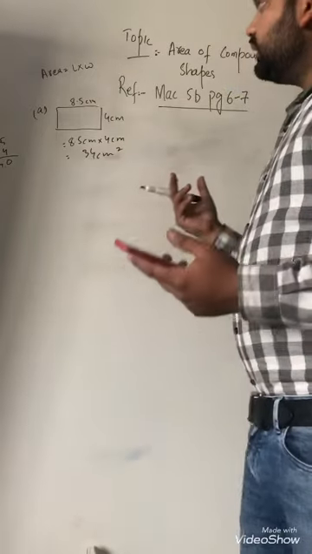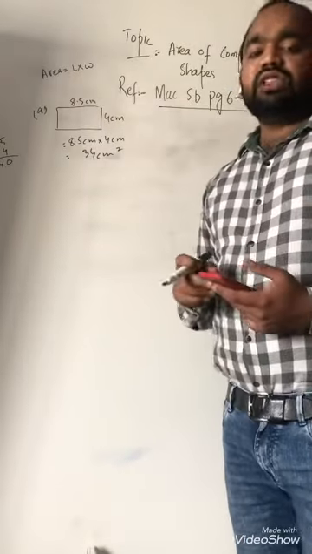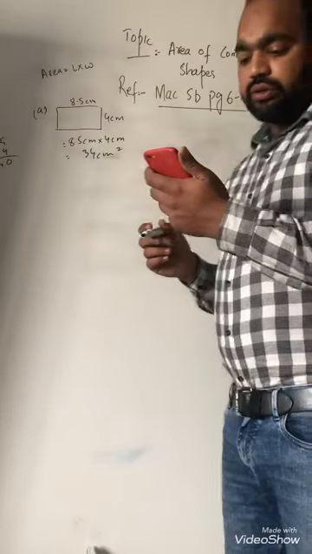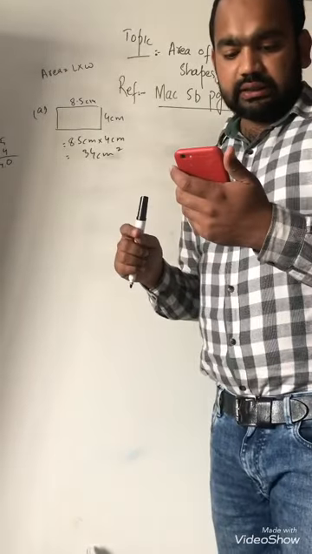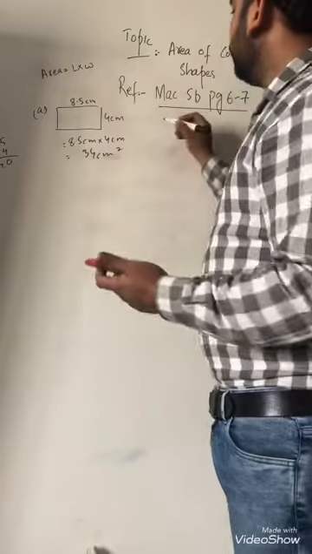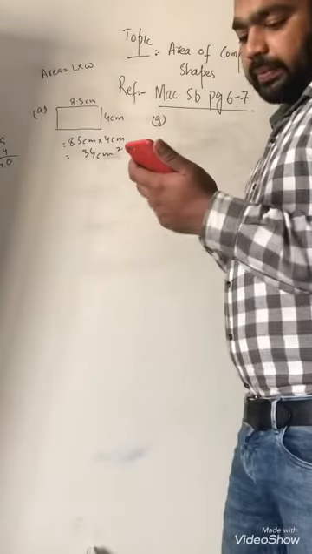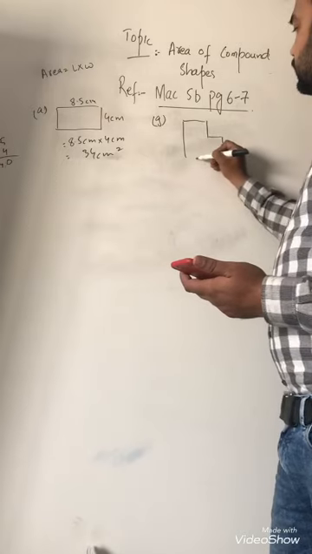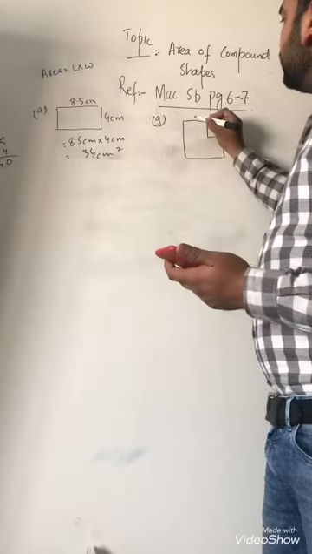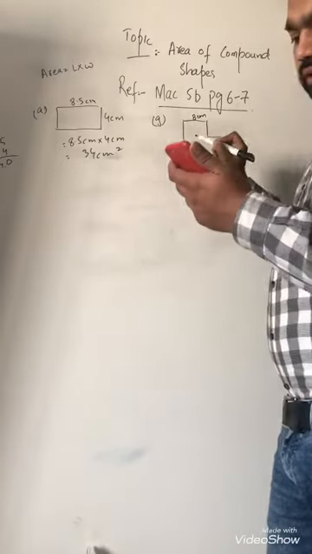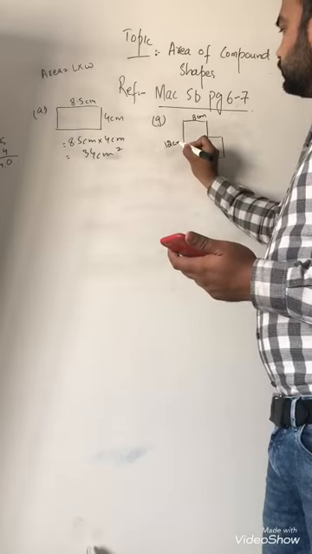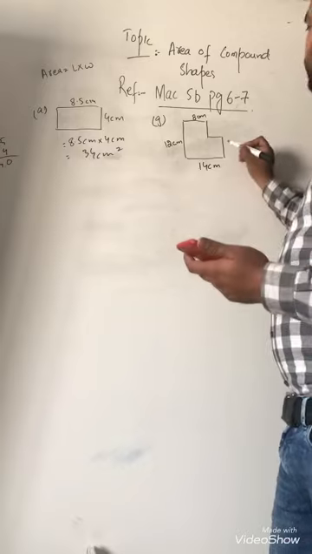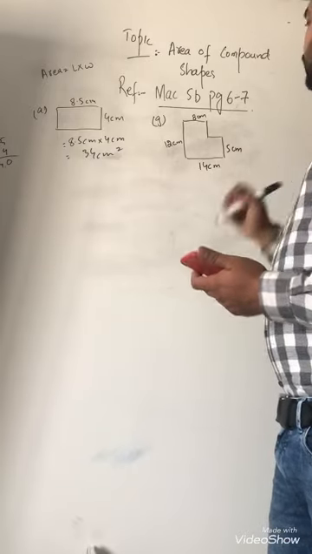But what if compound shapes are given to you, right? How can we calculate? I am going to solve question G part for you. The shape is like this: 8 centimeter, 12 centimeter, this is 14 centimeter, and this is 5 centimeter.